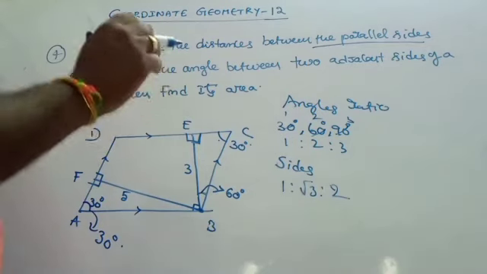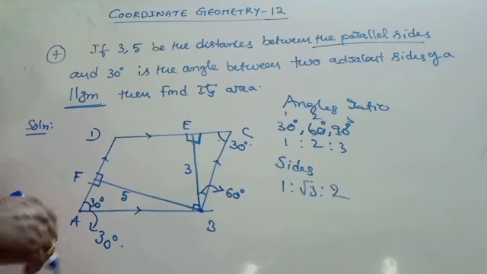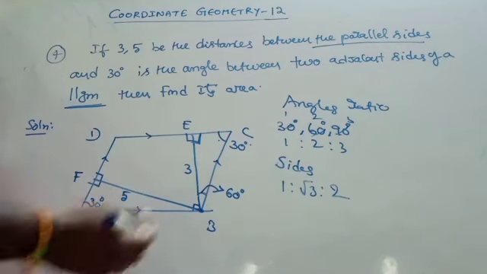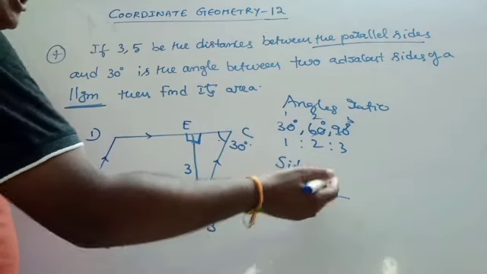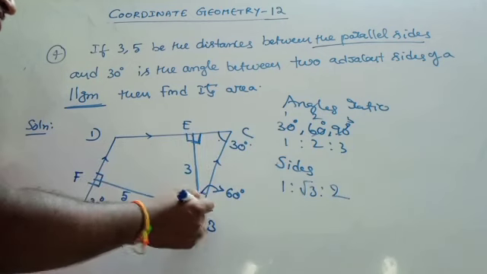It is a fundamental result in geometry. And also you can apply even the basic trigonometric ratio. Otherwise, sides are in the ratio 1:√3:2. We know actually this corresponding height as 3.